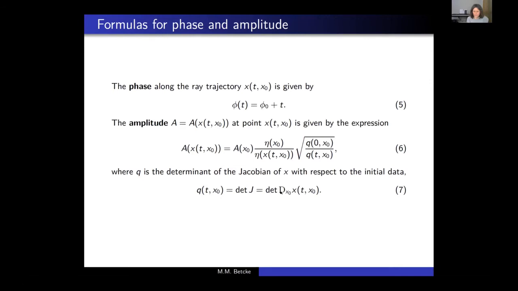You can think of this Jacobian as an inverse density of the rays.